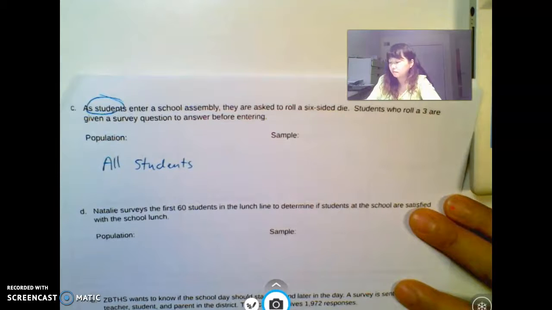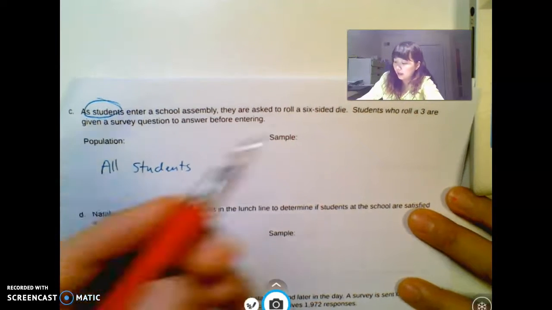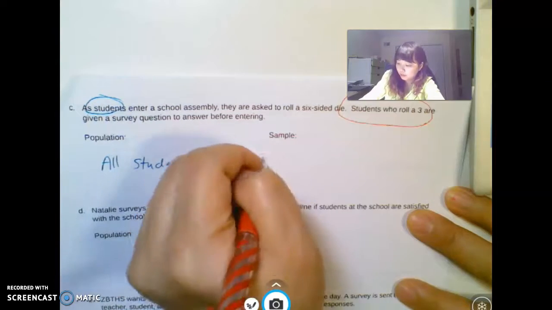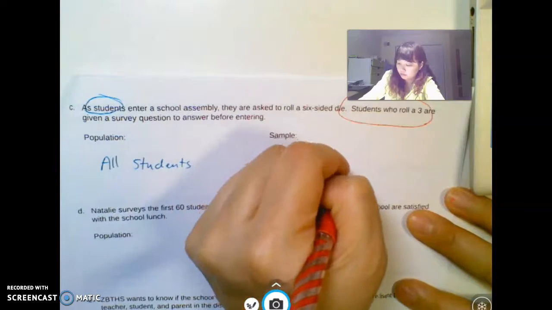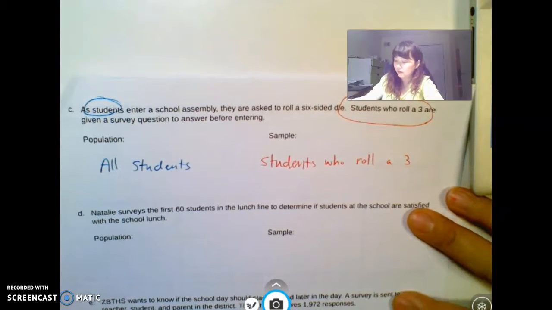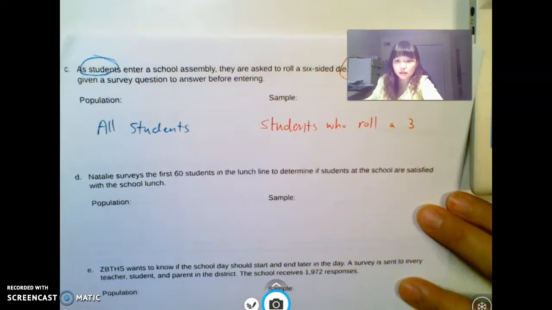But maybe due to time, or there must be a reason, they couldn't survey all students. So they only asked students who rolled a 3. So that would be a sample.